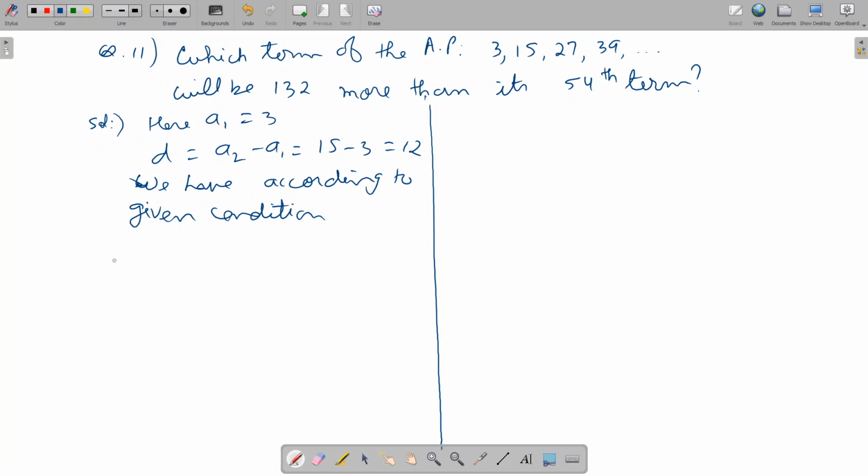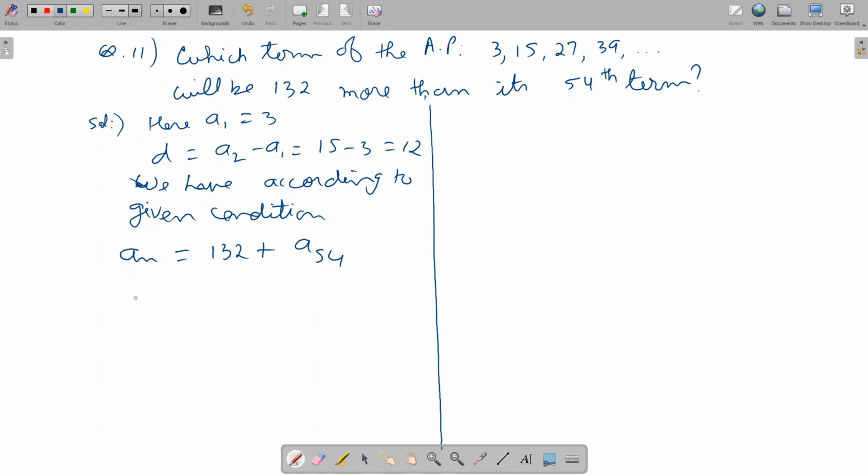Suppose the term is AN, so AN equal to 132 more than the 54th term, that is A54. Do not write 54 as the term value; it is the position of the term, the 54th term.